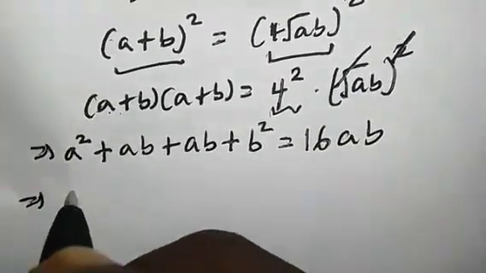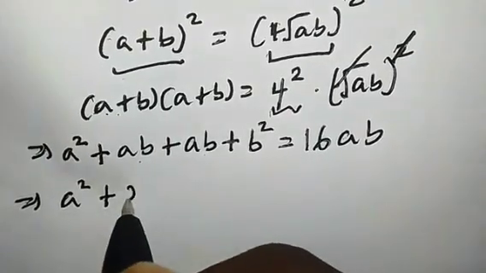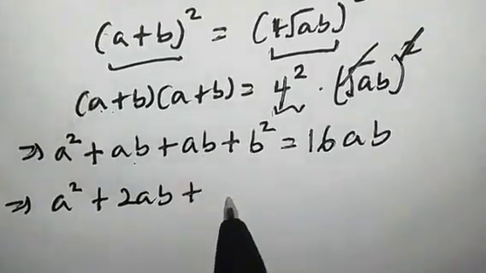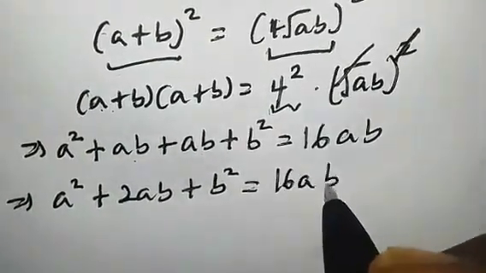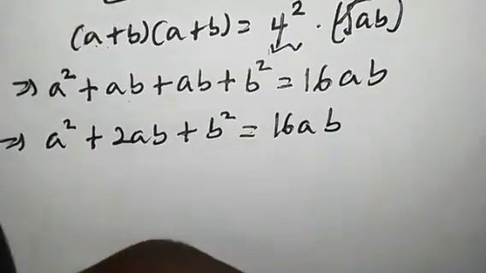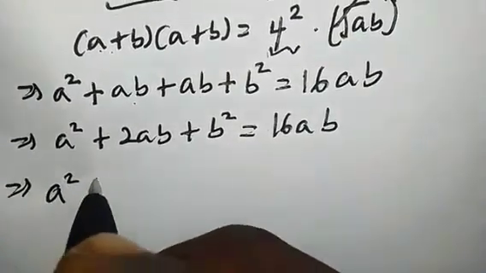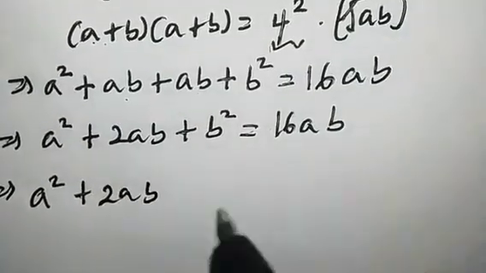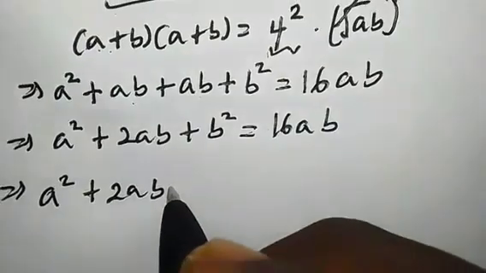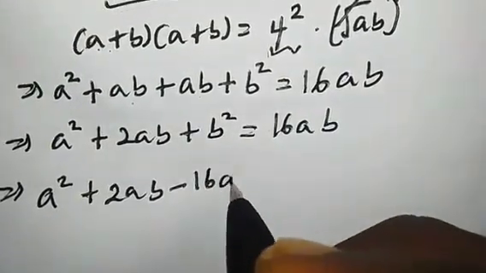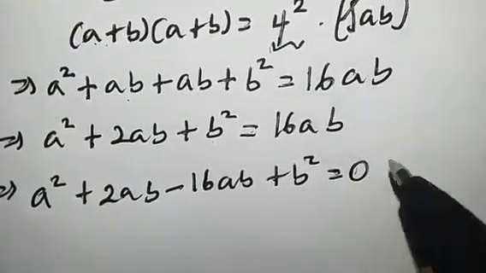This implies that a square plus ab plus ab, that is 2ab, plus b square equal to 16ab. Let's proceed further. This implies that a square plus 2ab, if we move this particular 16ab to the left hand side, we have minus 16ab plus b square equal to 0.